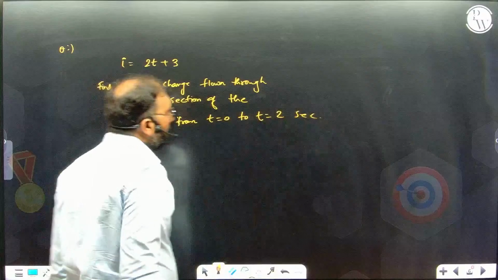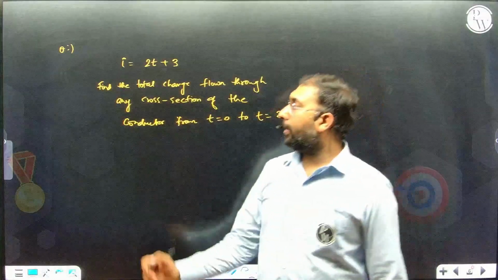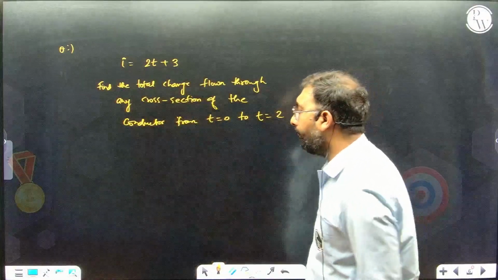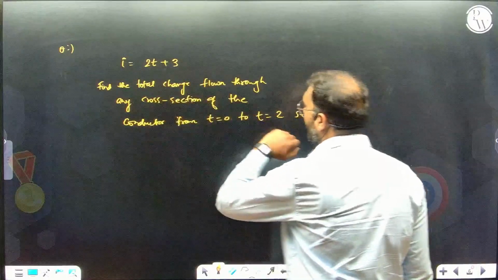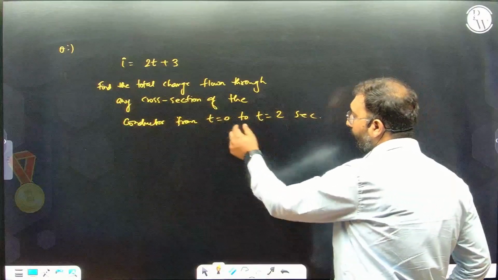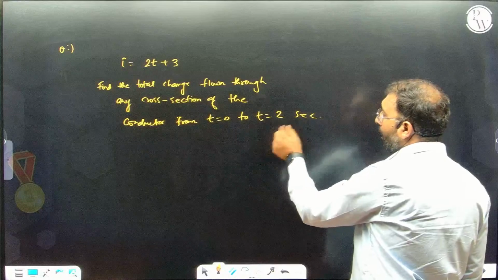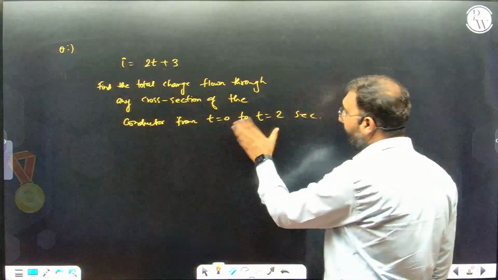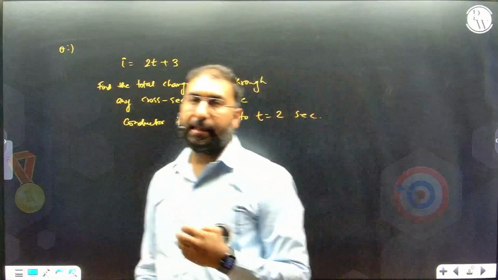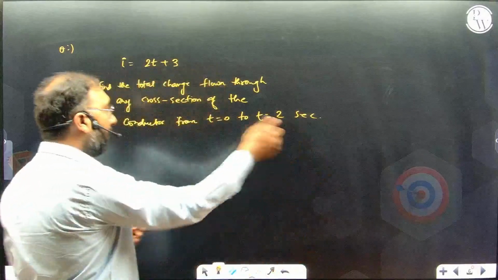So they've been asking that in a given conductor the current is 2t plus 3 and you have to find out the total charge flown through the cross section of the conductor from t equals 0 to t equals 2 seconds. So in this time period, what is the total amount of charge that has crossed through the conductor? That we have to find out.